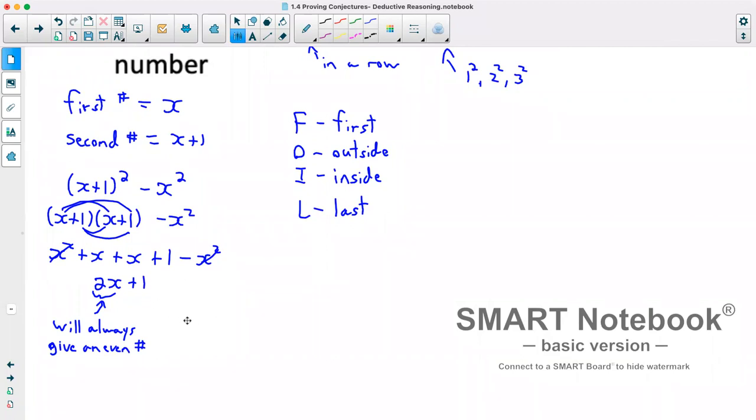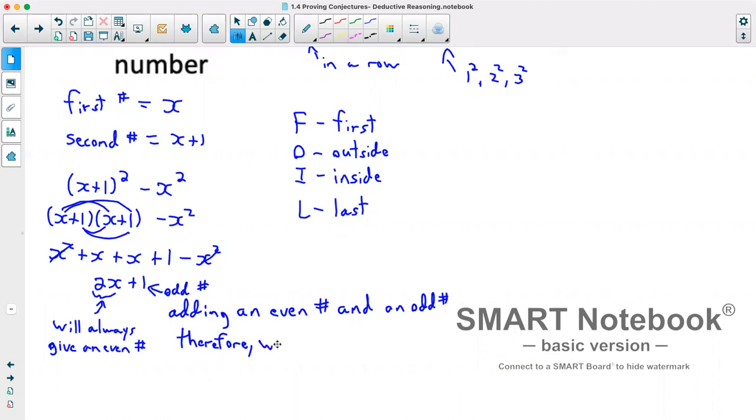And looking at this, we are adding essentially an even number and an odd number. Therefore, we will always end up with an odd number.